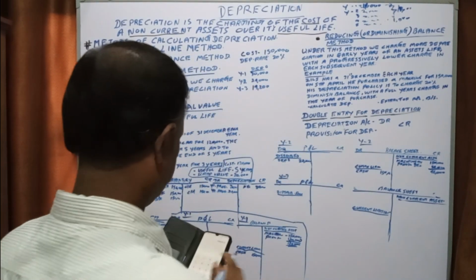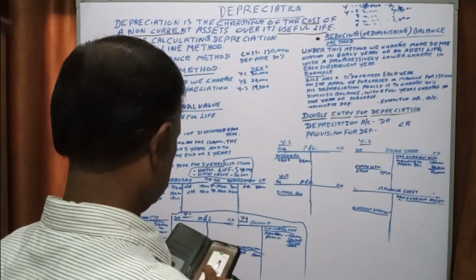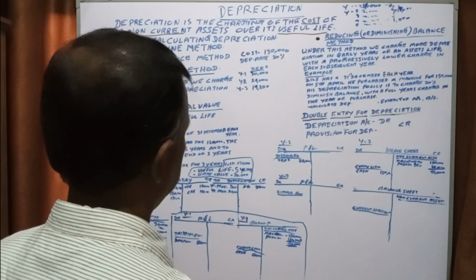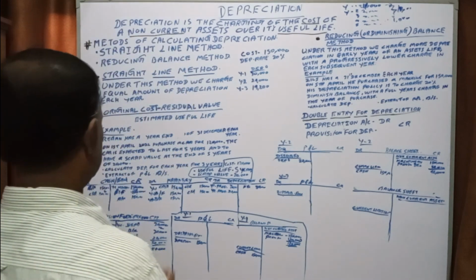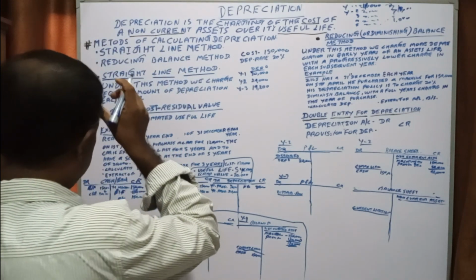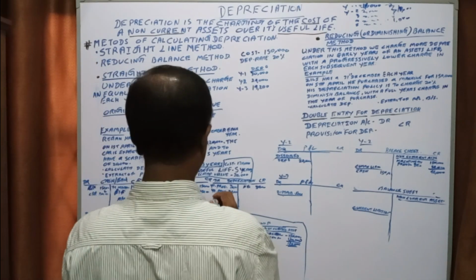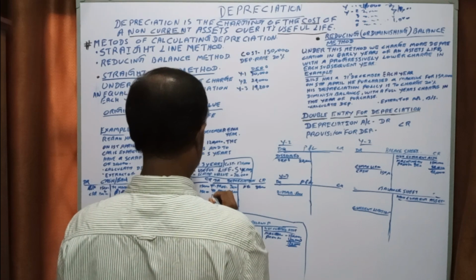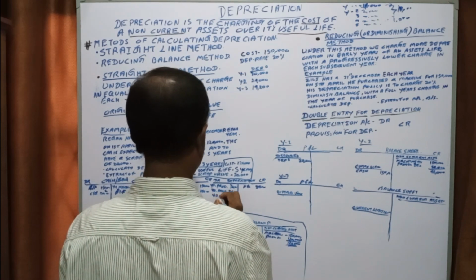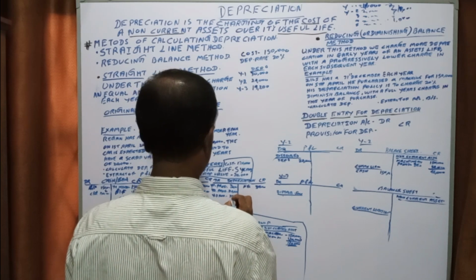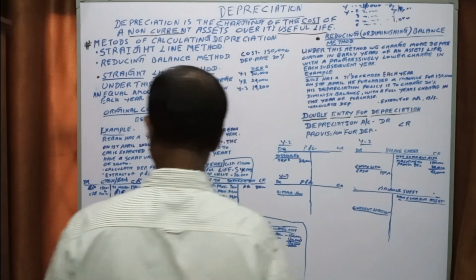Okay. So here you'd say depreciation account, year 3, provision for depreciation 19,200.